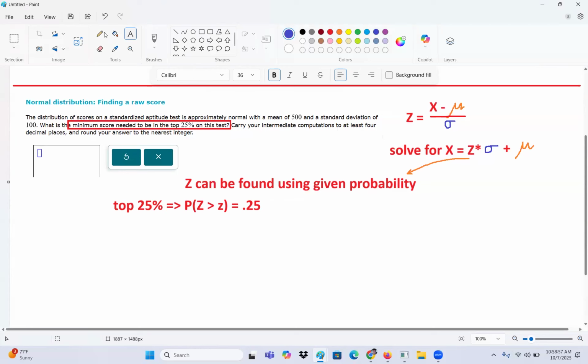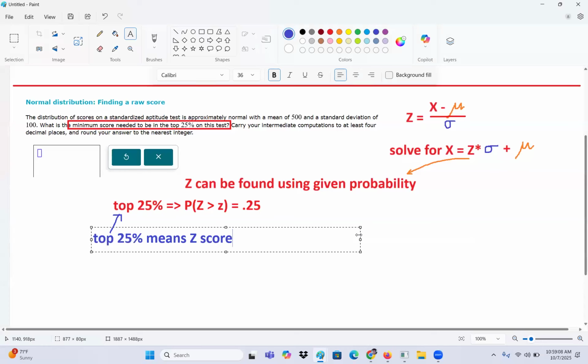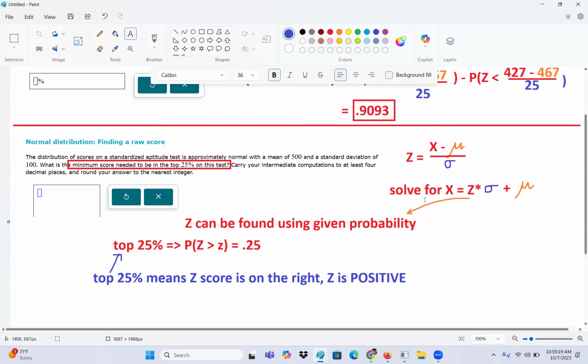So the top 25% is the Z on the right. So the Z has to be positive. All right, so we can just compute it.